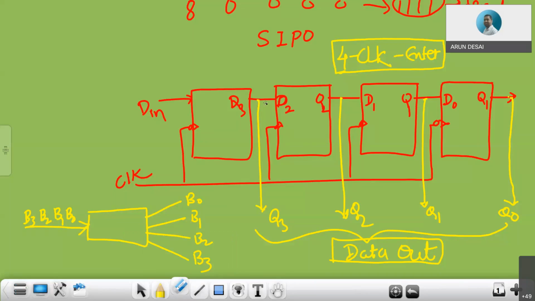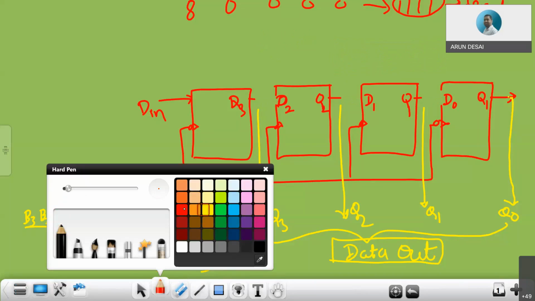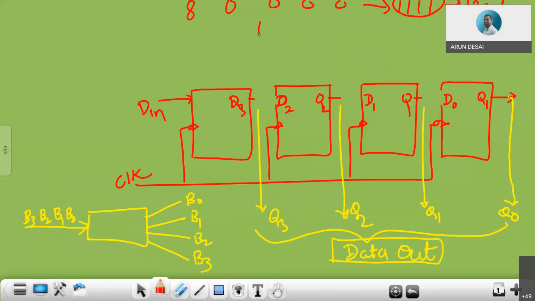Now we'll check parallel in, parallel out type. So these are bits D3, D2, D1, D0.